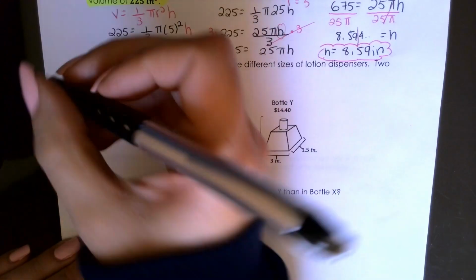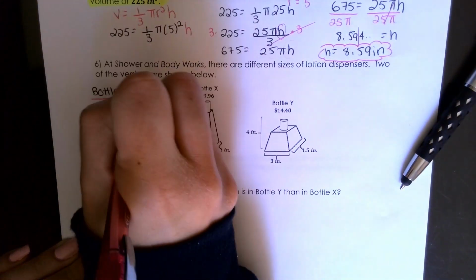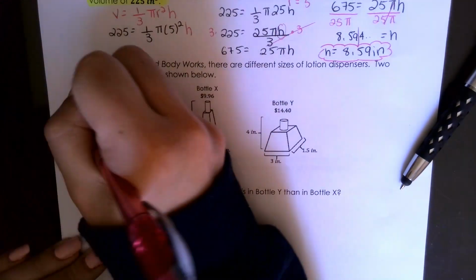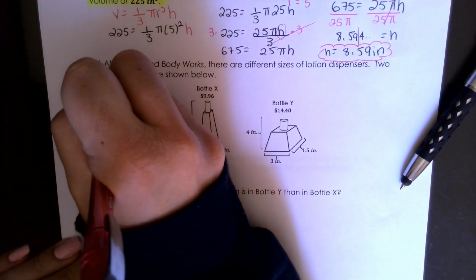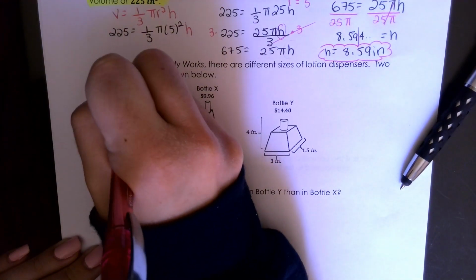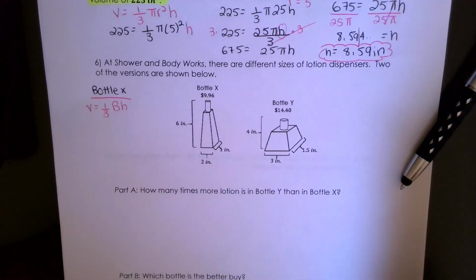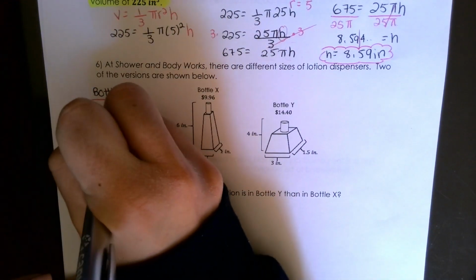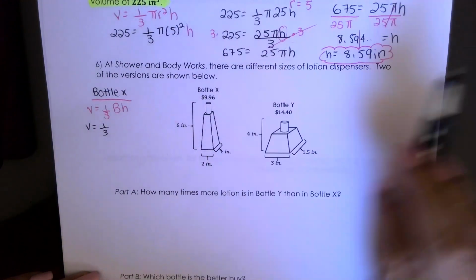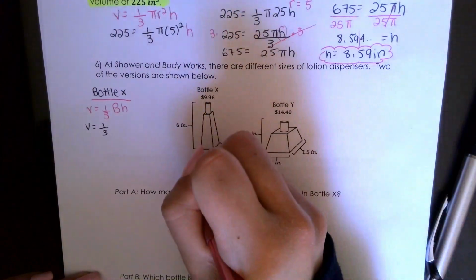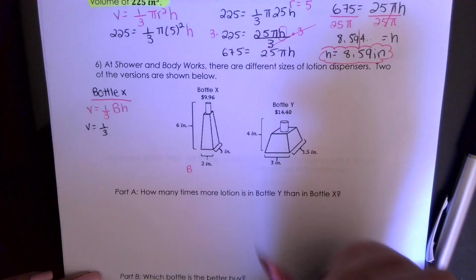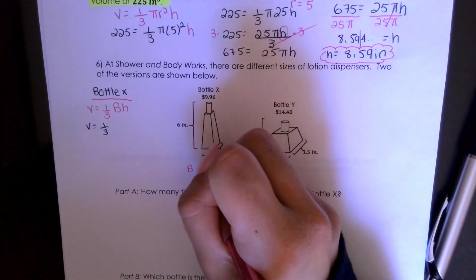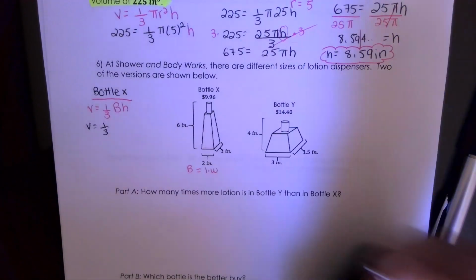So bottle X, the volume is going to be 1/3 times the area of the base times your height. Okay, so let's find the area of the base. This is a rectangle, so the area is length times width.